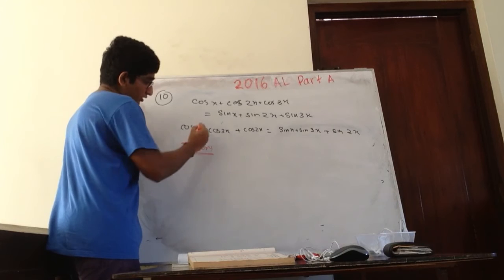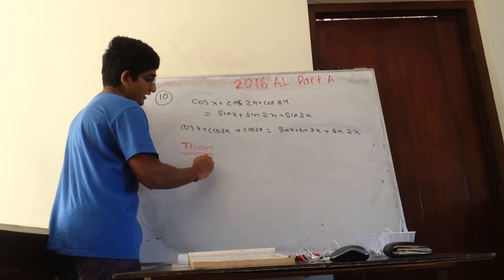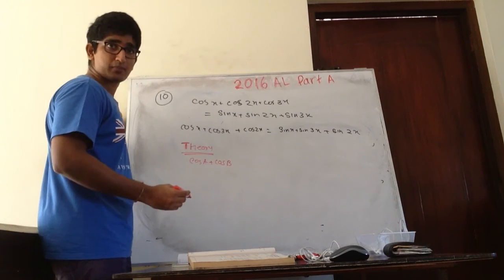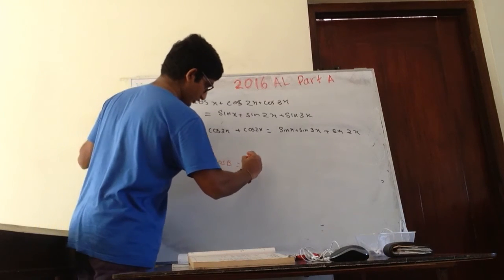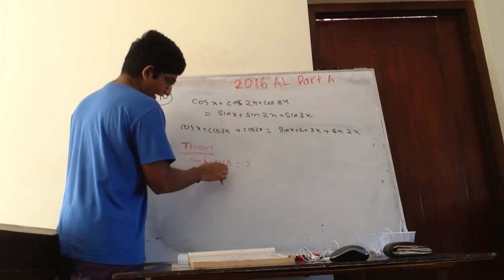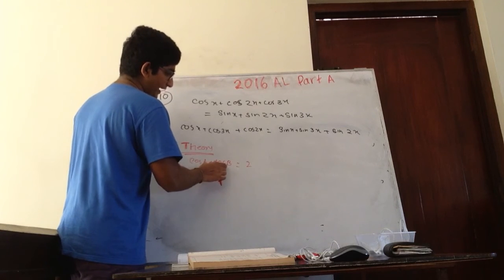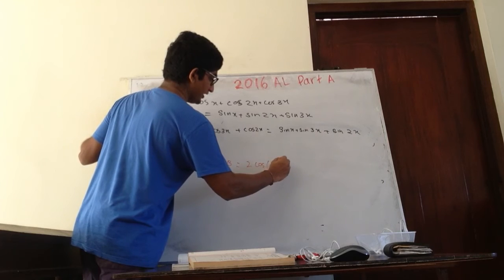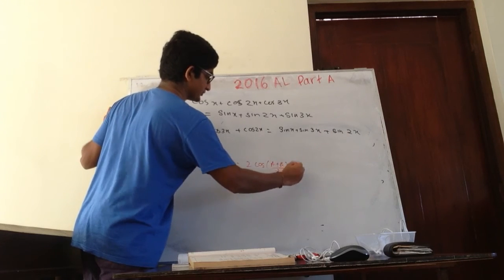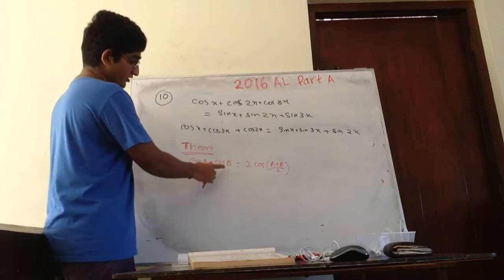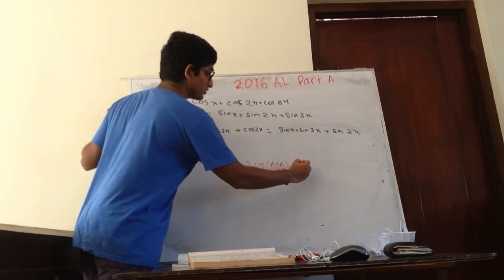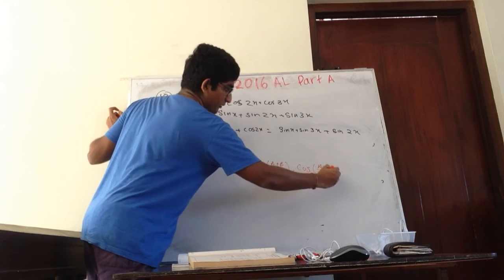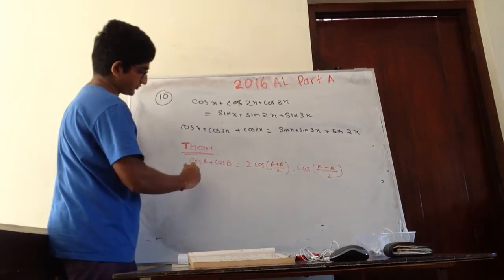So cos A plus cos B is what? You can write this as 2 times cos of (A plus B) over 2, times cos of (A minus B) over 2. Because it's cos, it will again be cos, but this time it will be the subtraction of the angles over 2.